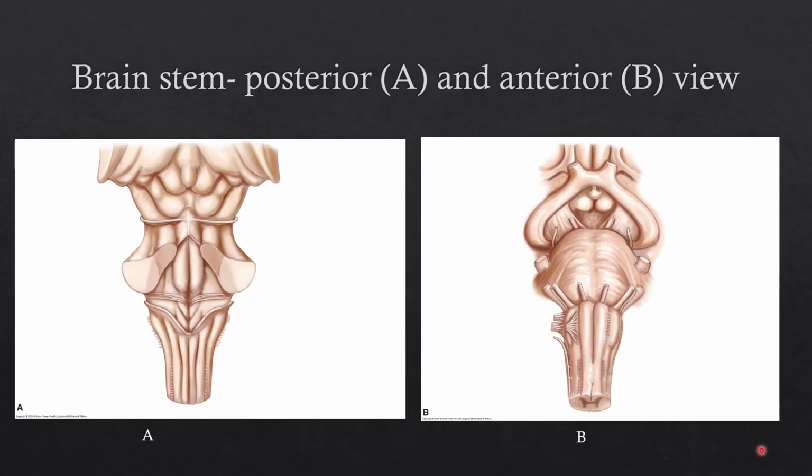Let us now look at the anterior and the posterior surface of the brainstem. The brainstem is mainly comprised of the midbrain, the pons, and the medulla. Panel A is the posterior view, panel B is the anterior view. So here you will have the midbrain, pons, and the medulla.